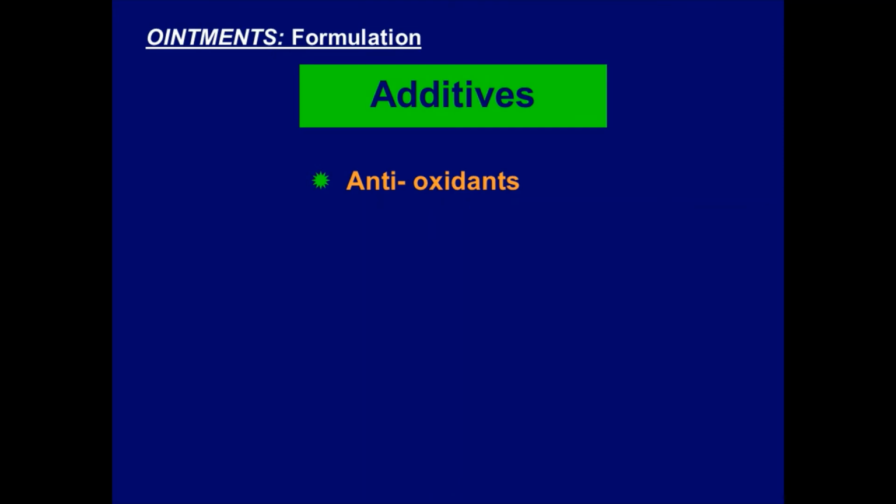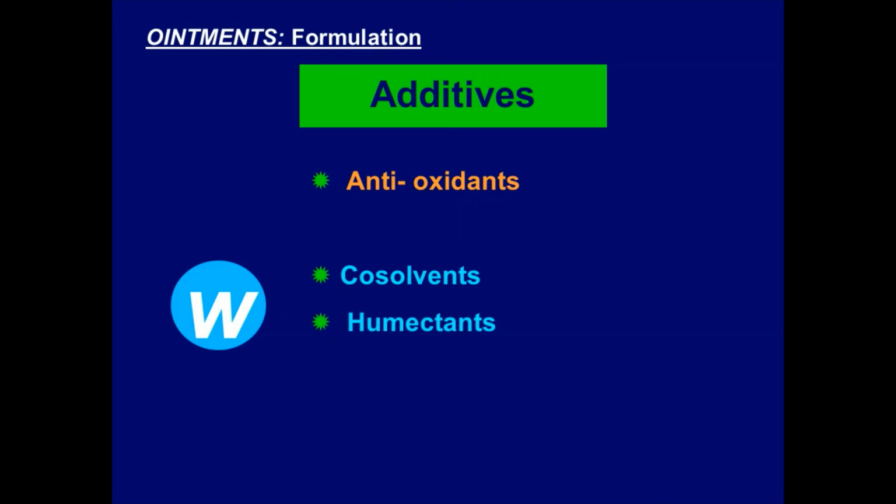And if your ointment base is water containing or a hydrous ointment base, you should add additives for the water phase. They are co-solvents, humectants, preservatives, and buffers, as we said before in the creams.